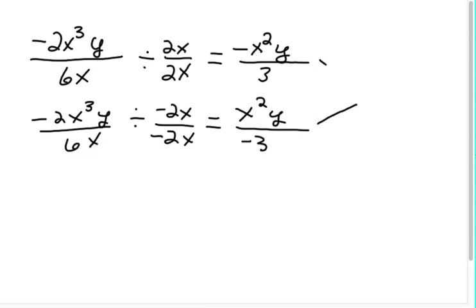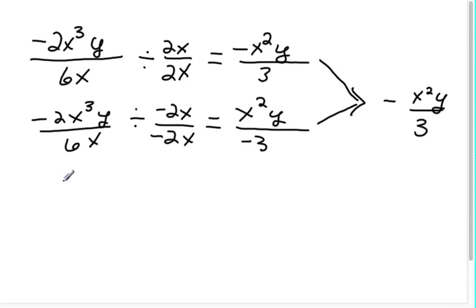That is just fine because both of these equal negative x squared y over 3. So the negative can be right out in front so that we know that this whole number is negative. If either the numerator or the denominator is negative, the whole number is negative. But if they're both negative, negative 2x over negative 2x equals a positive 1.